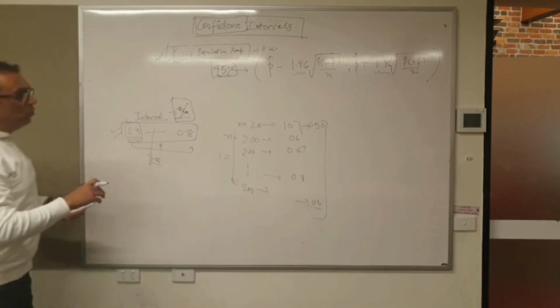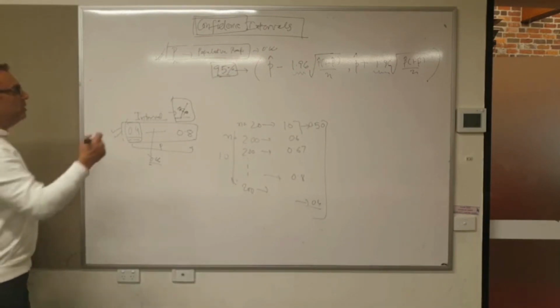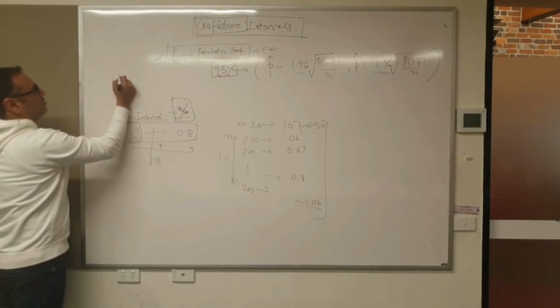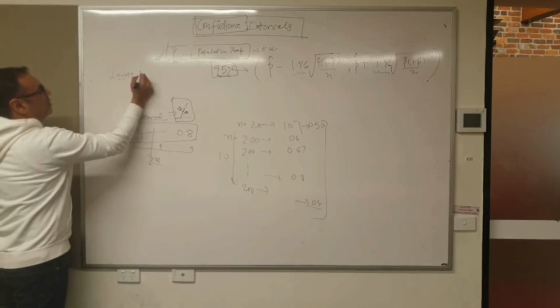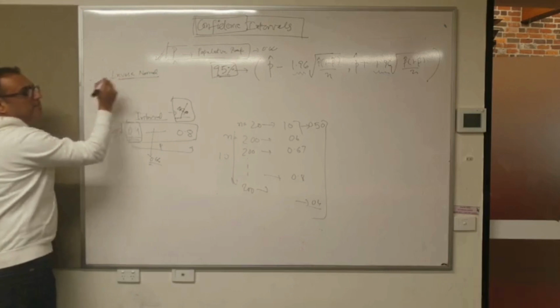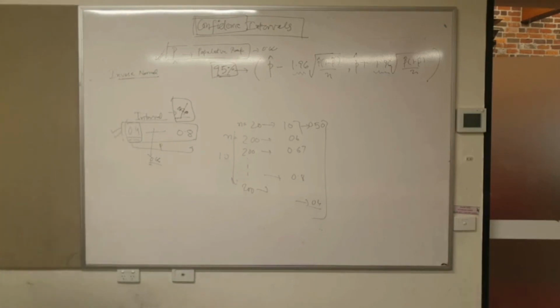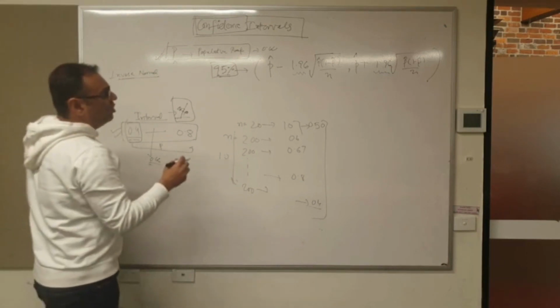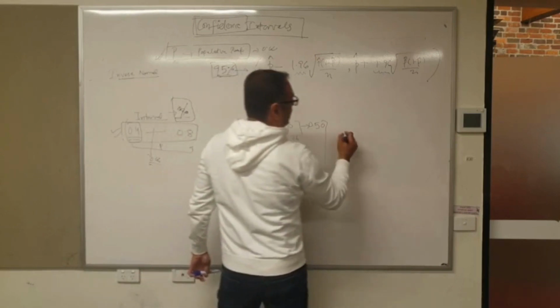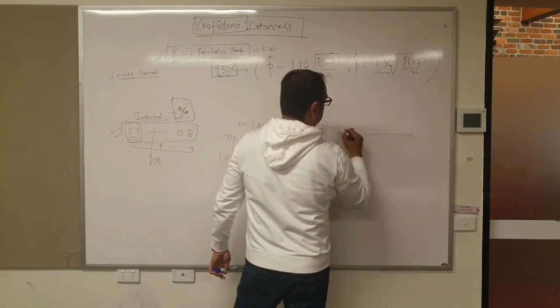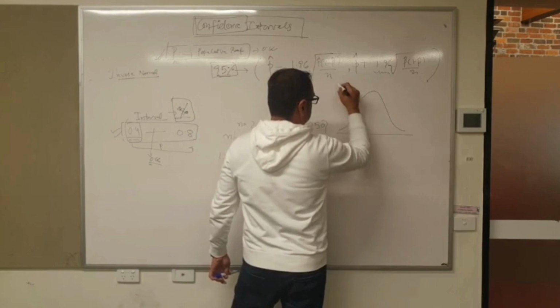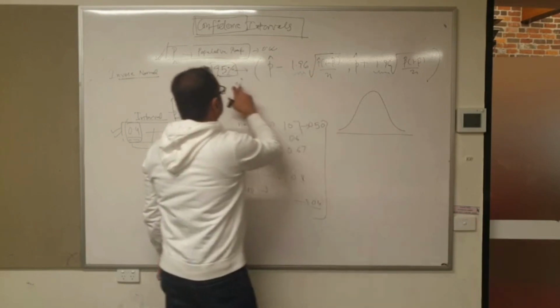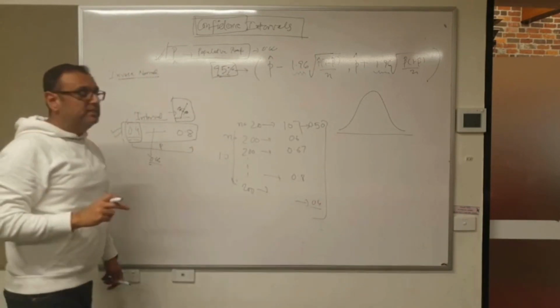So if you go to your inverse normal, open your CAS up, you've got your inverse normals. So in your inverse normal, I'm talking about the 95% confidence.